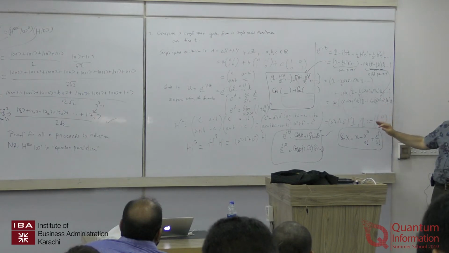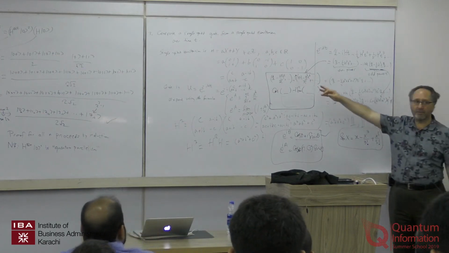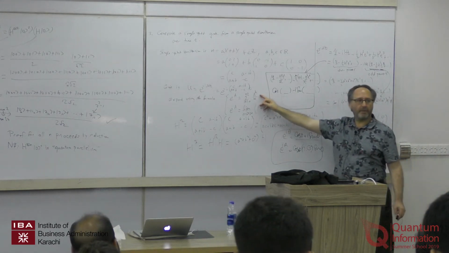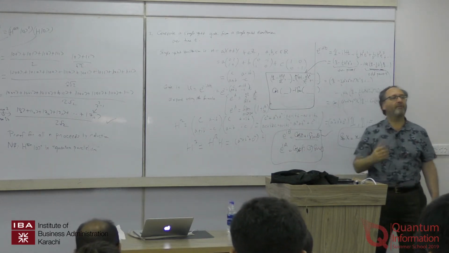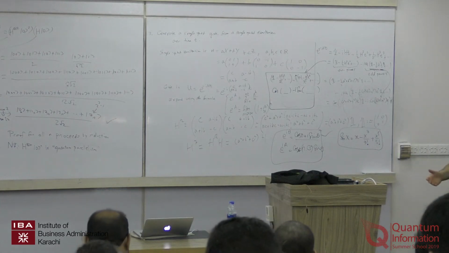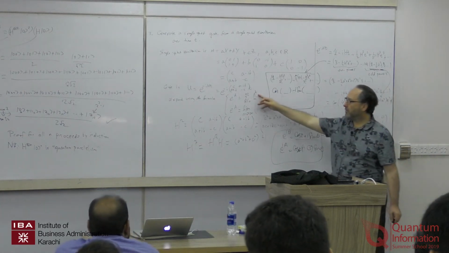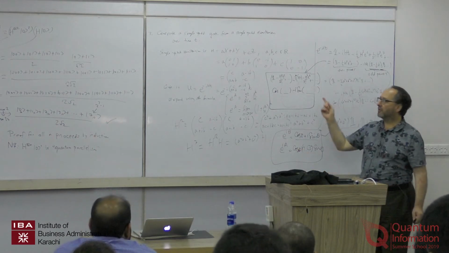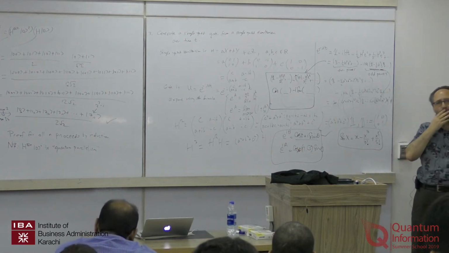So the one easy way to go from a Hamiltonian to a unitary operator is to do the power expansion, and there's always a finite order. There's always some finite number where it's a multiple of identity. So that's how you can convert a Hamiltonian to a unitary.